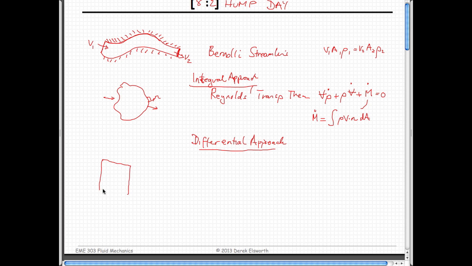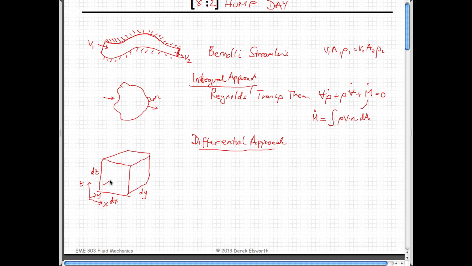And if you do that, then you won't be too surprised that the shape of the volume you deal with would be something like this. Right-hand coordinate system, x, y, z. The lengths of this would be a very small length in the x direction, a very small length in the y direction, and a very small length in the z direction.